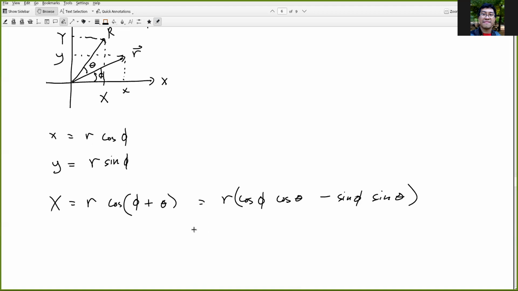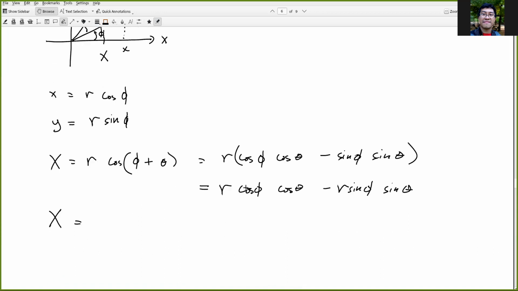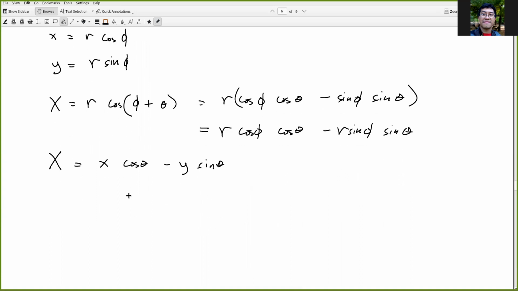You may write this as r cosine phi cosine theta minus r sine phi sine theta. So capital X is, since r cosine phi is x, x cosine theta minus small letter y sine of theta.